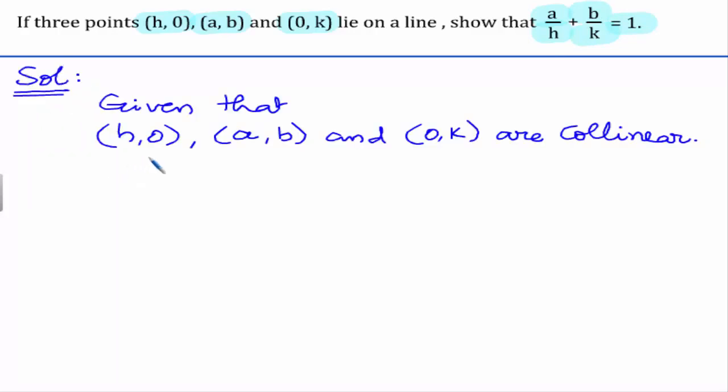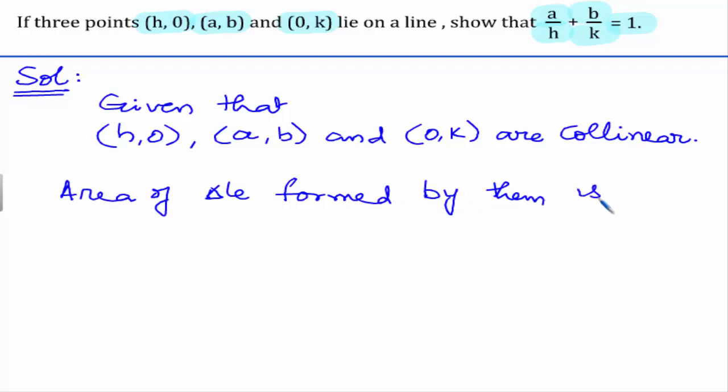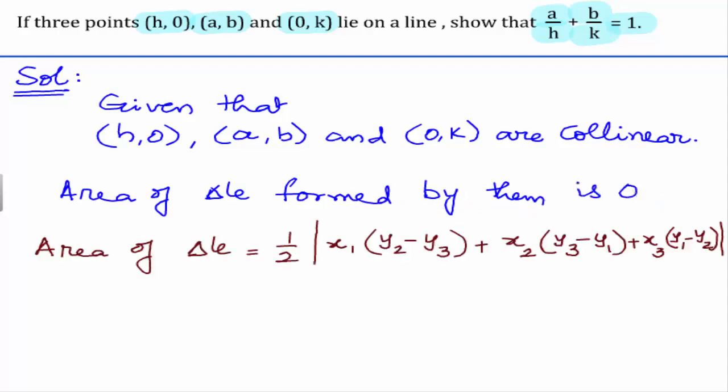Given that h, 0, a, b and 0, k are collinear, when the 3 points are collinear, then the area of the triangle formed by these 3 points is 0. We know the area of the triangle formula, which is half into x1 into y2 minus y3 plus x2 into y3 minus y1 plus x3 into y1 minus y2.